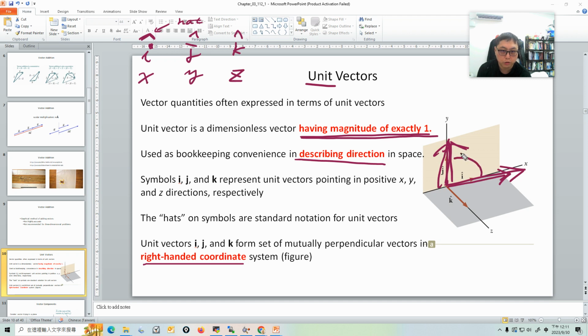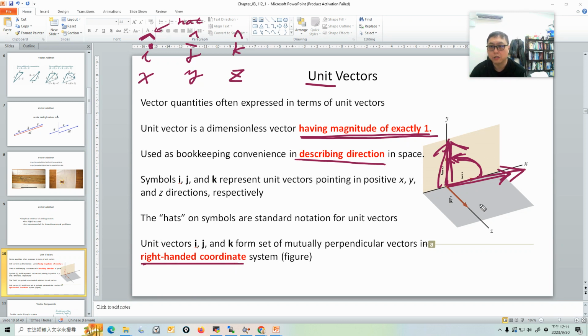Use the right-hand rule, just do the cross product. Your x is here, y is here, and when you do the cross, your thumb direction is z. That's called a right-hand coordinate system.